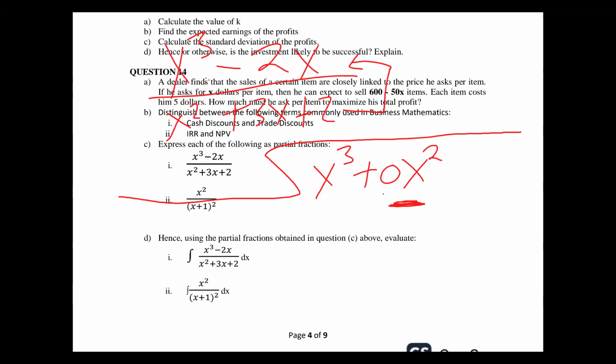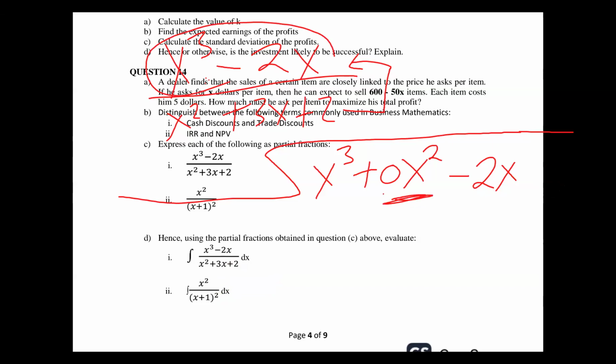The powers move in descending order, 3, 2, 1. The next power is power 1, so it will be negative 2x. If you had a constant, you could put a constant from here. It's as good as there is nothing here.